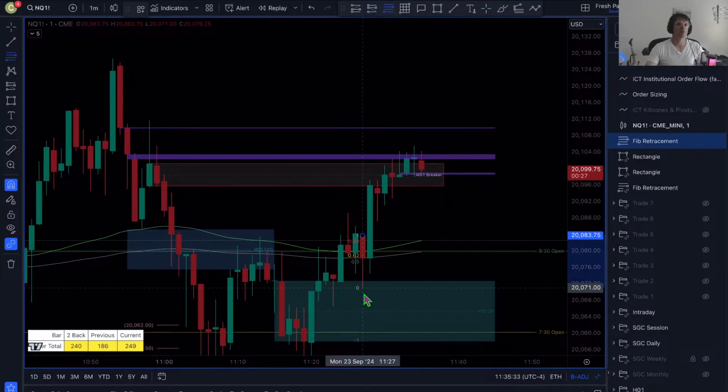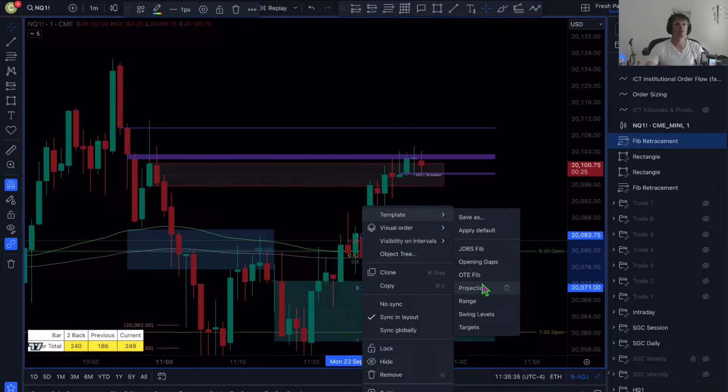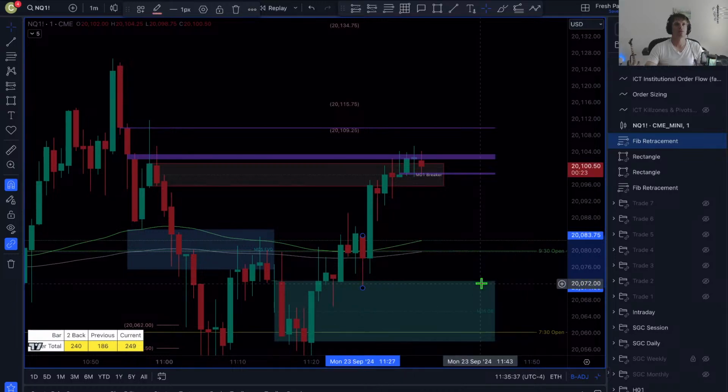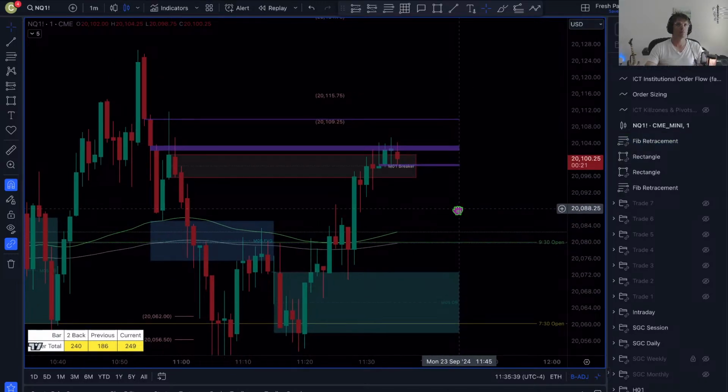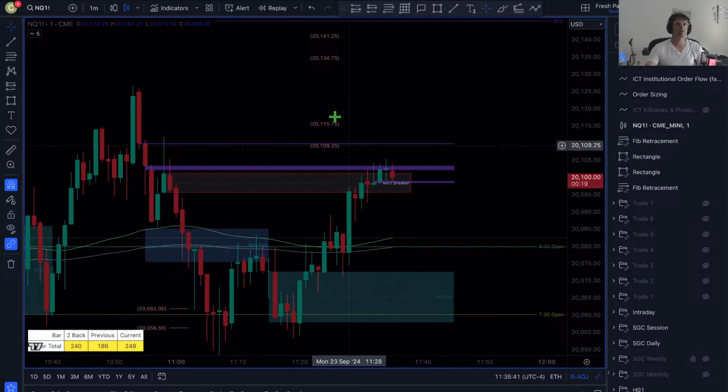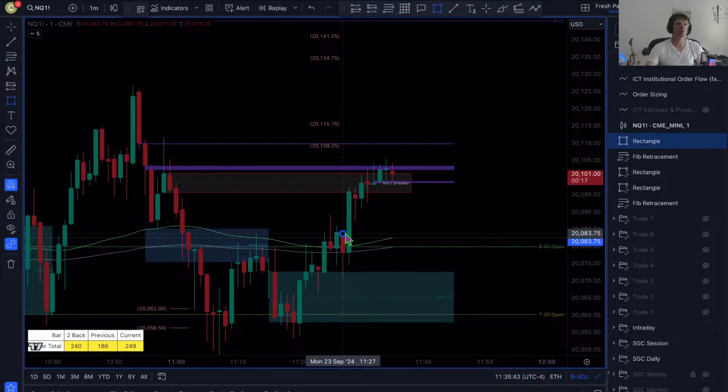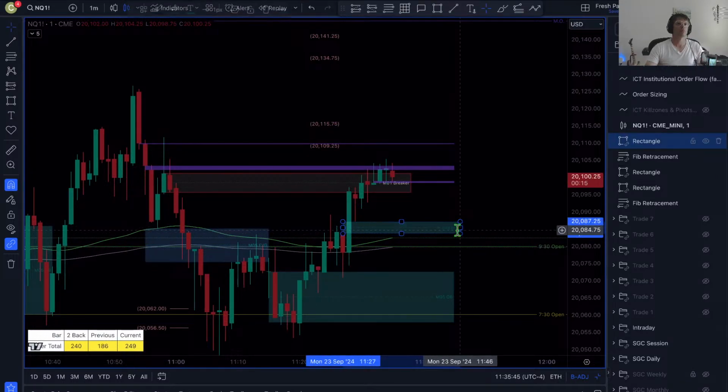Jump start. This is probably the last liquidation. You do have this fair value gap here, and you have that breaker there.